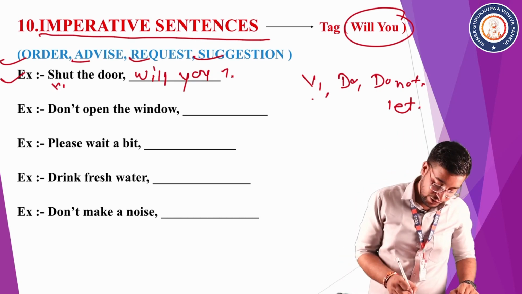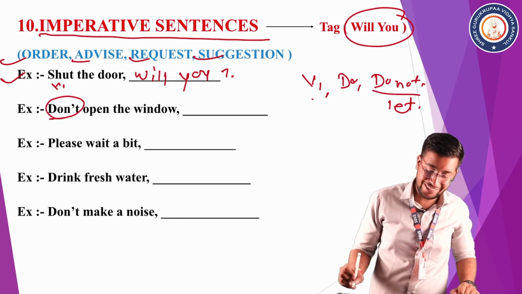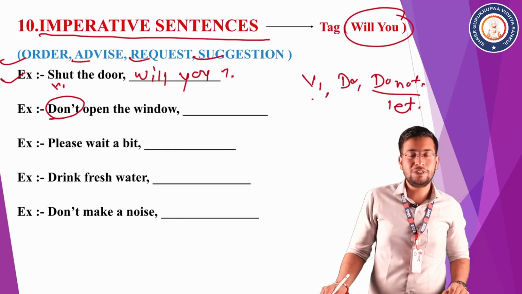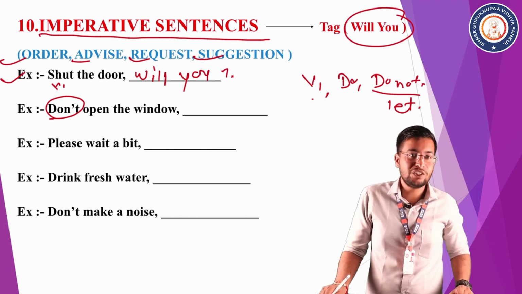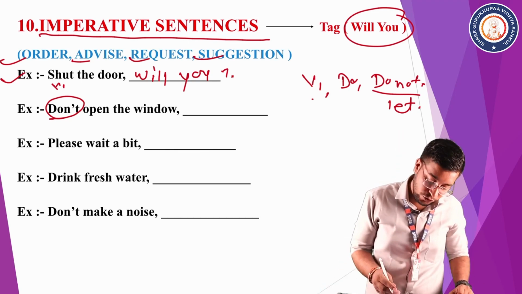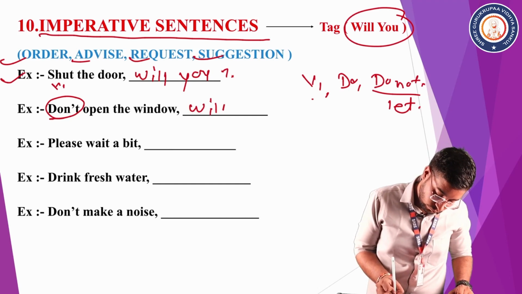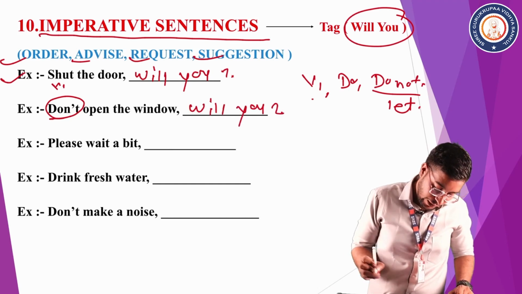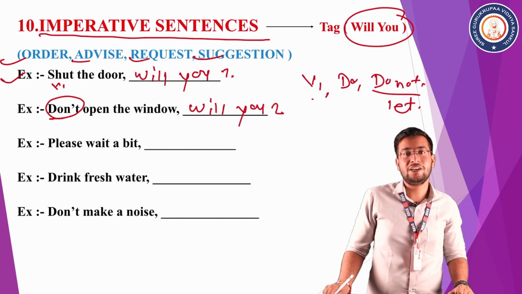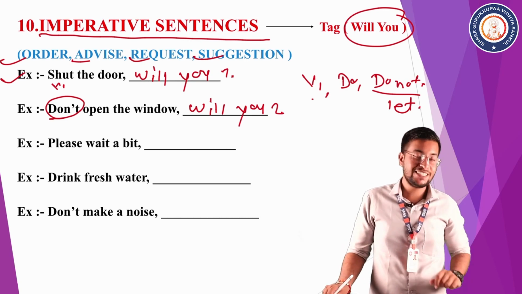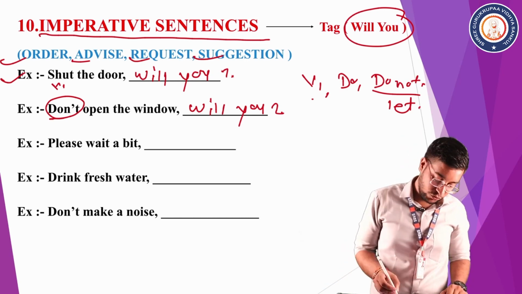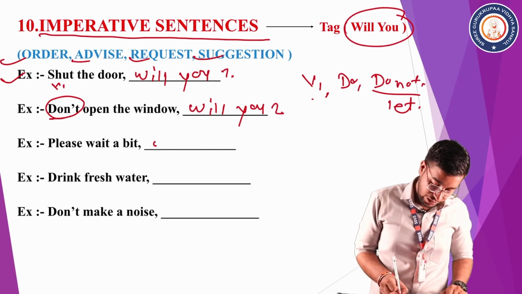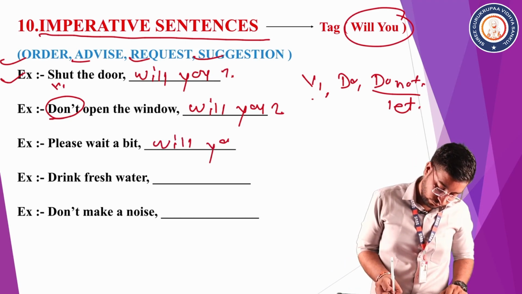It begins with "don't", and we have seen it generally begins with "don't". You are ordering someone. So we will use "will you" here. Next, please wait a bit. You are requesting someone. So this is an example of an imperative sentence. So it will become "will you".